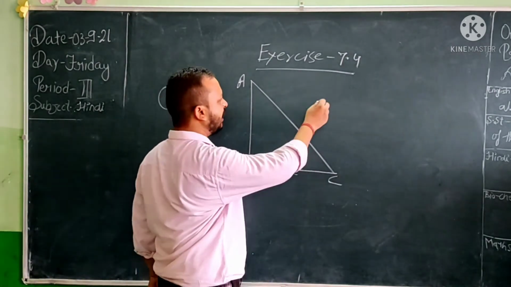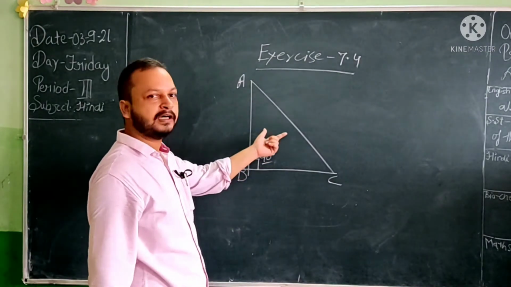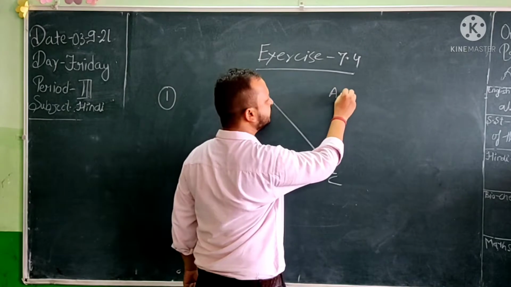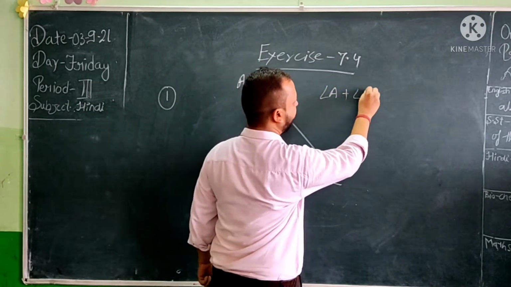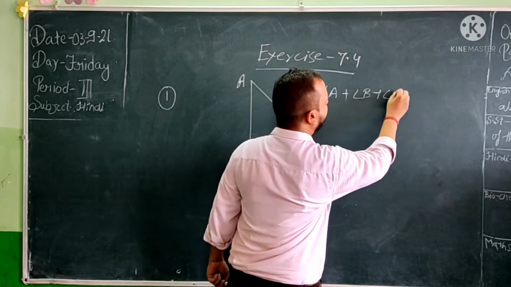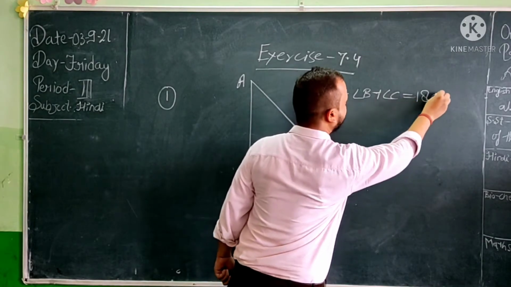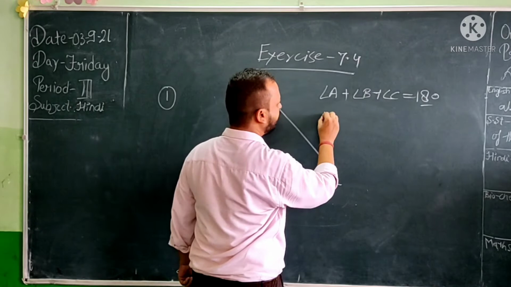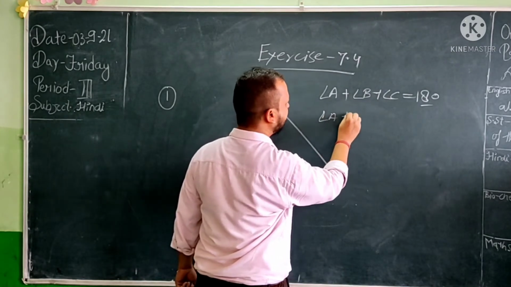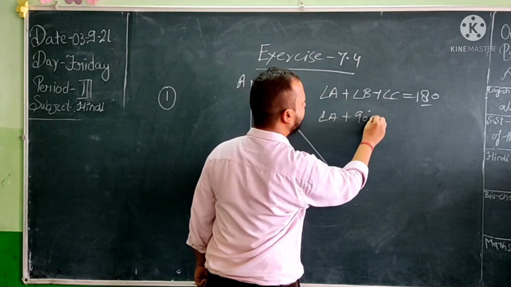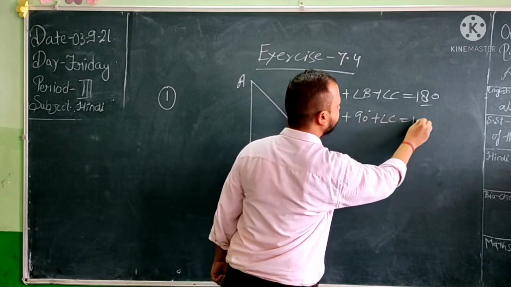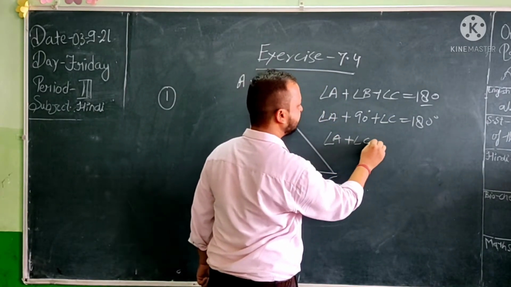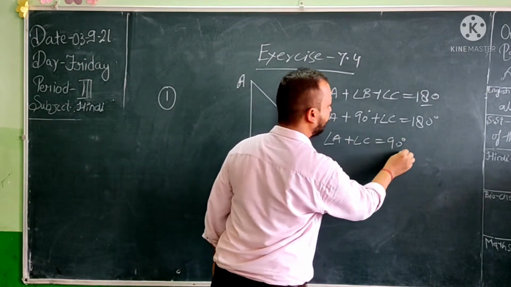So here we know that by the angle sum property of a triangle, the sum of all the angles of a triangle is 180 degrees. And here it is given that this angle is 90 degrees. So angle A plus 90 degrees plus angle C is 180 degrees, so angle A plus angle C is equal to 90 degrees.